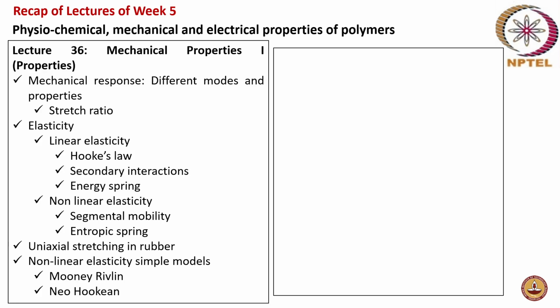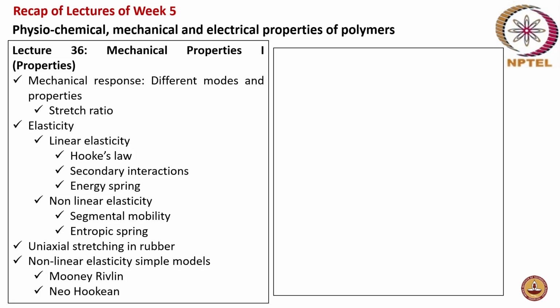And then lecture 36 was again on mechanical properties, right? So mechanical responses, different modes and properties were discussed, and then stretch ratio, and then elasticity, where linear and non-linear elasticity were also discussed. Linear elasticity relies on Hooke's law and on secondary interaction, and it is an energy spring, right?